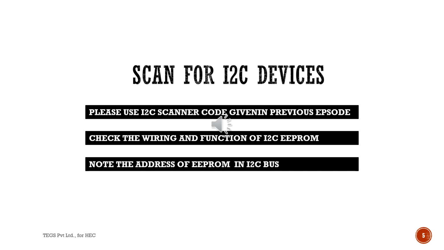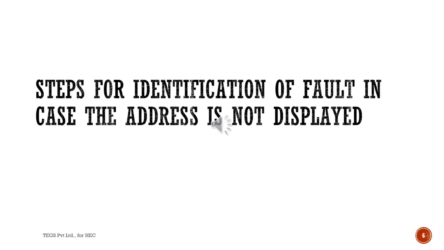This will verify and validate the wiring and functioning of the I2C EEPROM. The address of the EEPROM also can be identified using this code. Please refer to the previous episode.